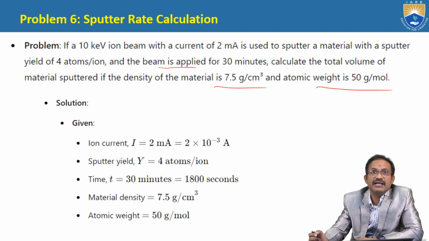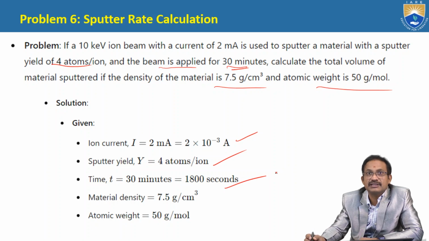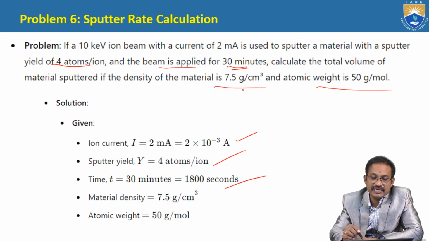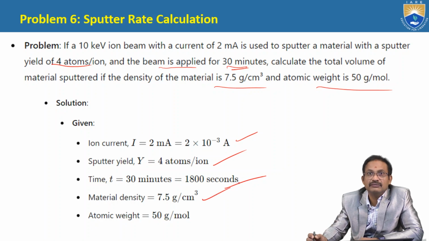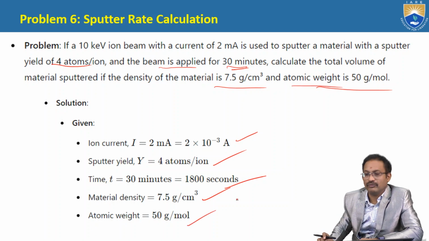So here the given data: I is given as 2 milliamperes, convert into amperes, so multiply with 10 power minus 3. Sputter yield Y is given as 4 atoms per ion. And time t, 30 minutes, is given. Convert into seconds, 30 into 60, so 1800 seconds. Material density is 7.5 gram per centimeter cube, and the atomic weight is 50 gram per mole.